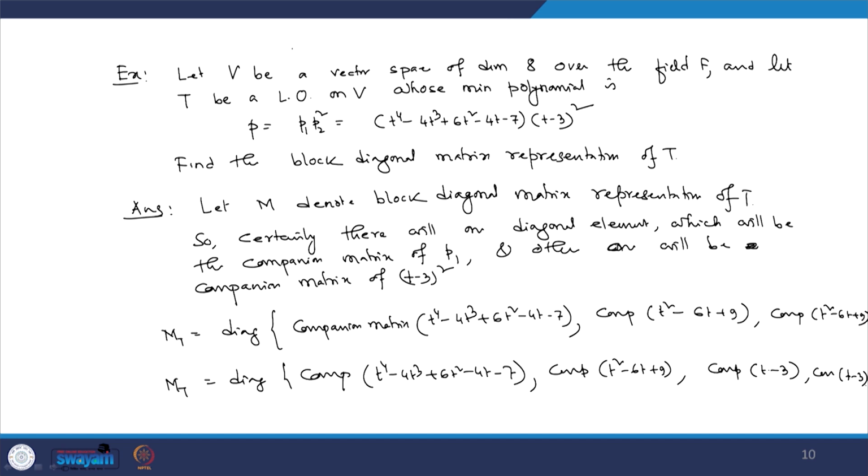So, if I consider C11, because we will have only one term, this is basically the matrix with rows 0 1 0 0, 0 0 1 0, 0 0 0 1, and the last row 7, minus 4, 6, plus 4.